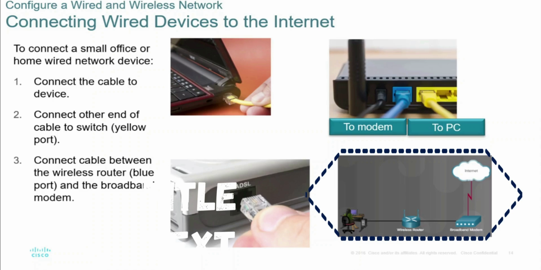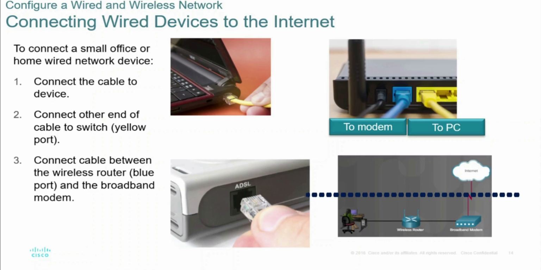Please find this picture. Now, the first step is to connect the cable to your device, meaning your PC or your laptop. Then connect the other end to the switch or the ADSL router in your home network. The third step is to connect the cable between the wireless router and the broadband modem.